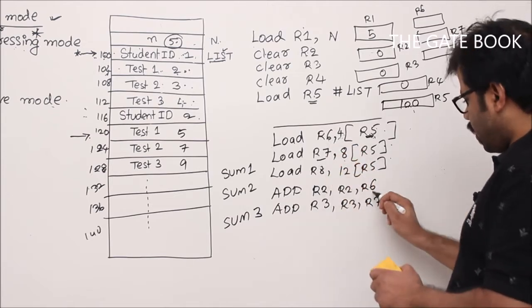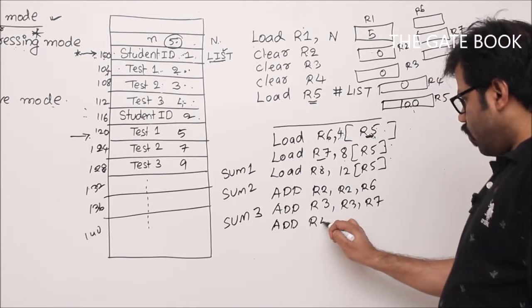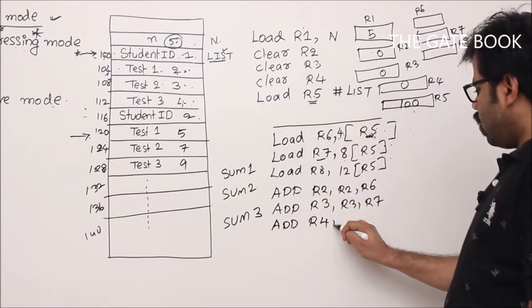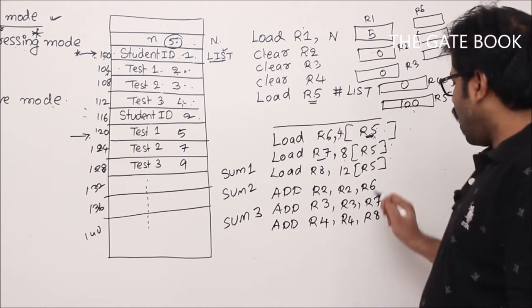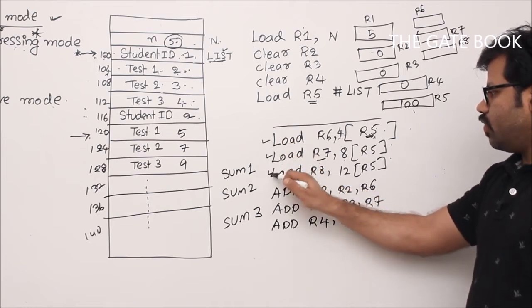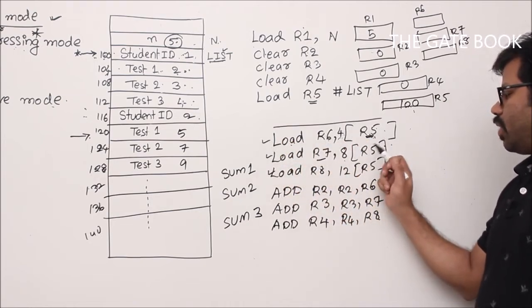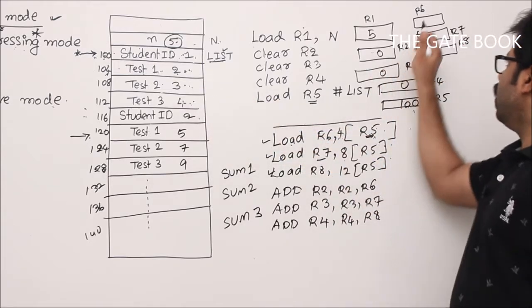R6, R7, R8. Correct. R6, R7, and add into register R4, R4 plus R8. In that way. So R6, R7, R8 contain what? Recall, because we loaded 4 plus R5, 8 plus R5, 12 plus R5. Then these 3 marks will be added here.